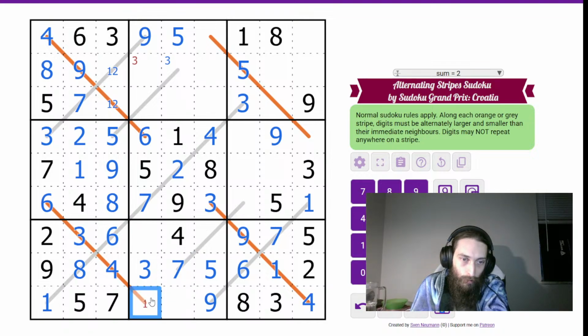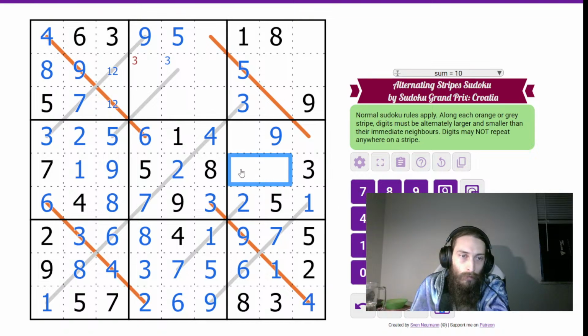This has to be smaller than 4, so that's a 2. 6, 1, and 8. 2. 4 and 6. That's a 3 apparently.